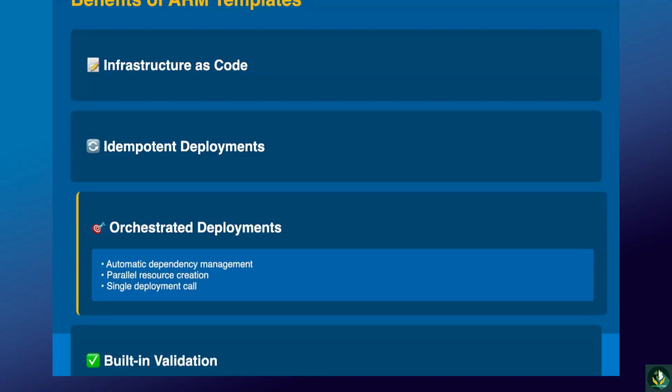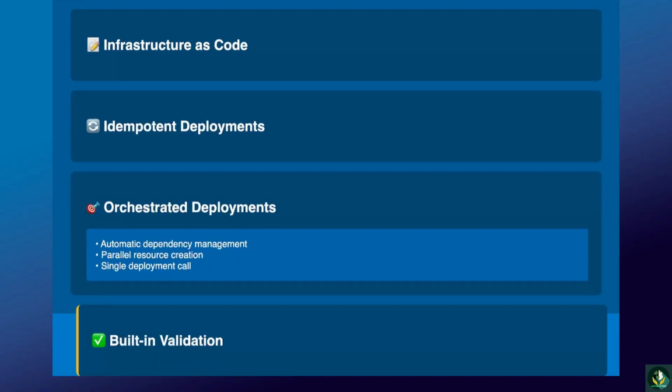Now, unlike scripted deployments, which may require multiple calls to process individual setups, ARM templates require only one call to process the entire template. This streamlined approach reduces complexity and improves efficiency.